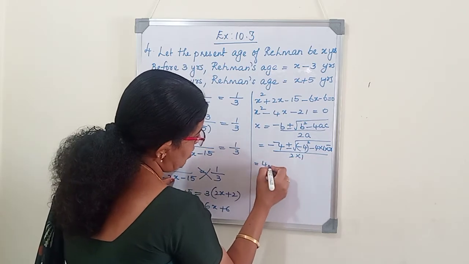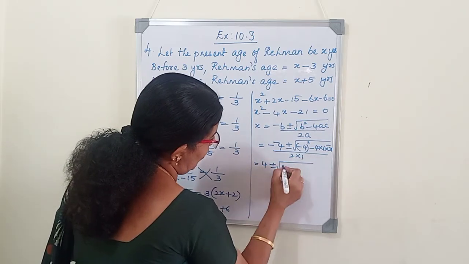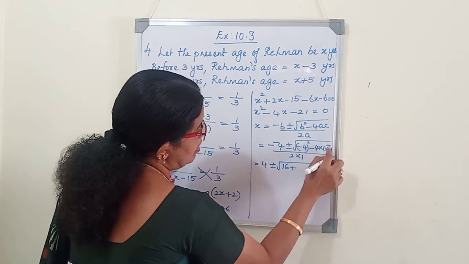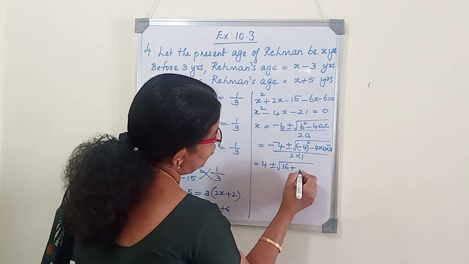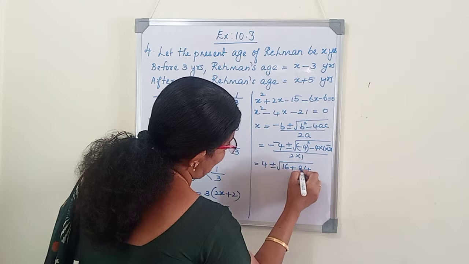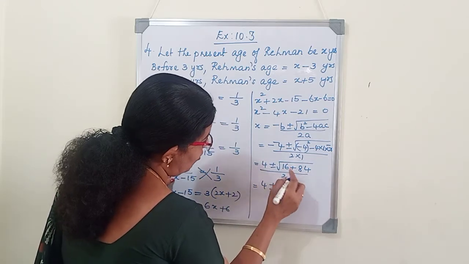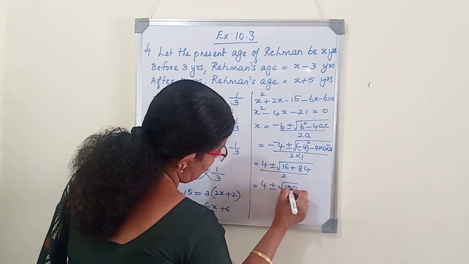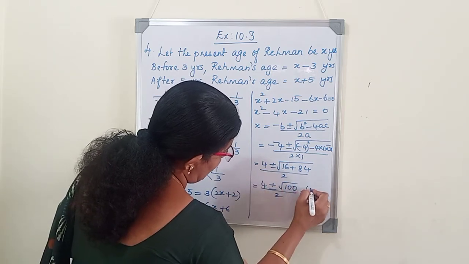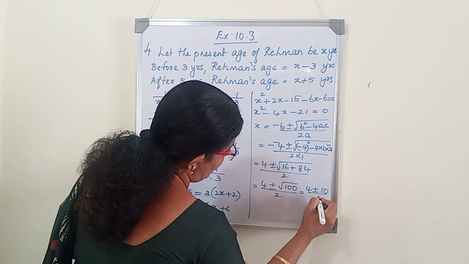Minus into minus plus, 4 plus or minus square root of 16 minus into minus plus 21 into 4, 84 by 2. So 4 plus or minus square root of 84 plus 16, 100, and square root of 100 is 10. 4 plus or minus 10 by 2.